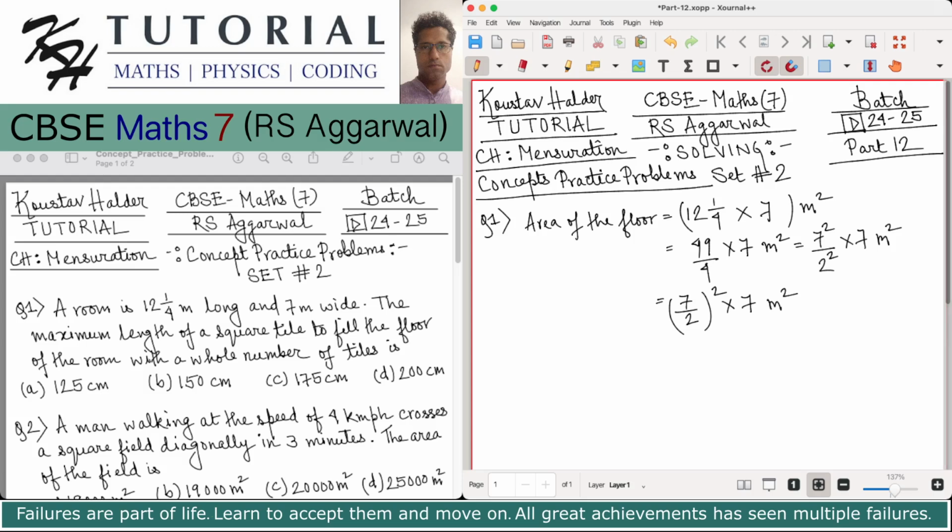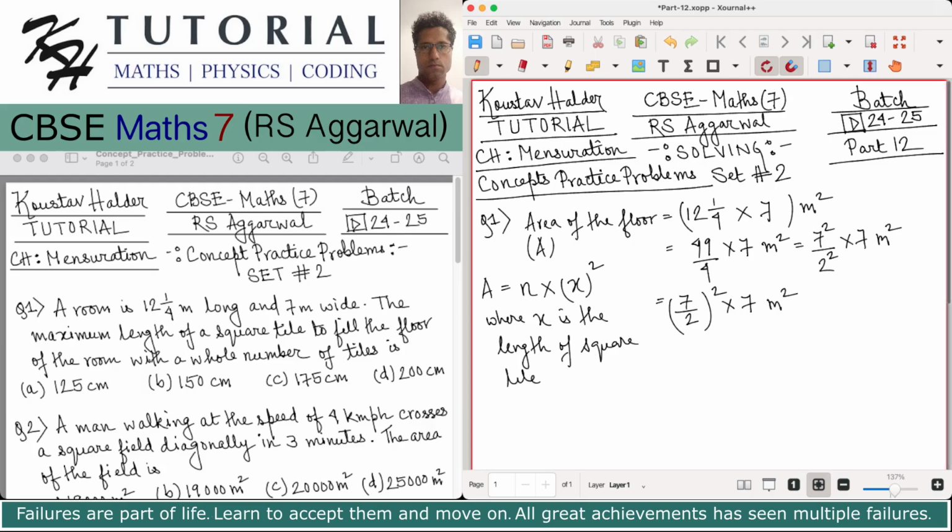So whatever this area of this floor is, let's say this area is A. So the area of the floor has to be in the form of n, where n is a whole number, multiplied by some x square, where x is the length of the square tile.